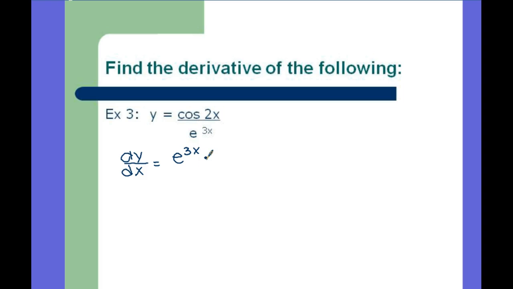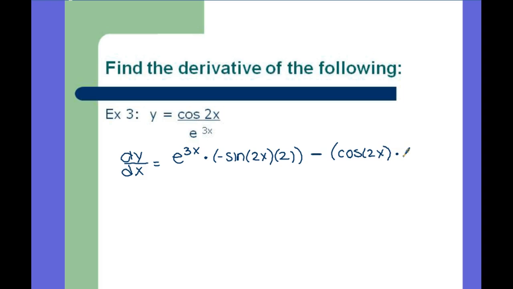So the derivative of cosine is... 2x is more than just x, so the derivative of 2x is... minus pi cosine 2x.